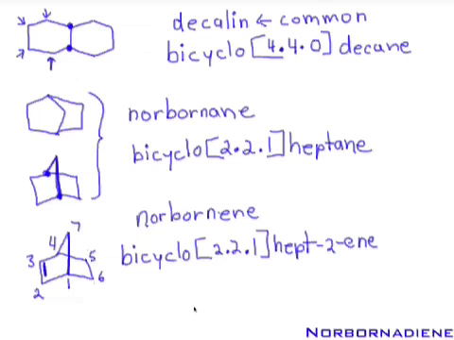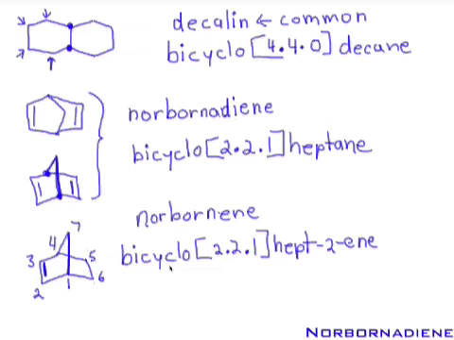Well, obviously, the next one is related to this, so I'm going to just put in the double bonds here. What if there's 2 double bonds, here and here? Well, then we've got a molecule called Norbornadiene. That's its common name, Norbornadiene.